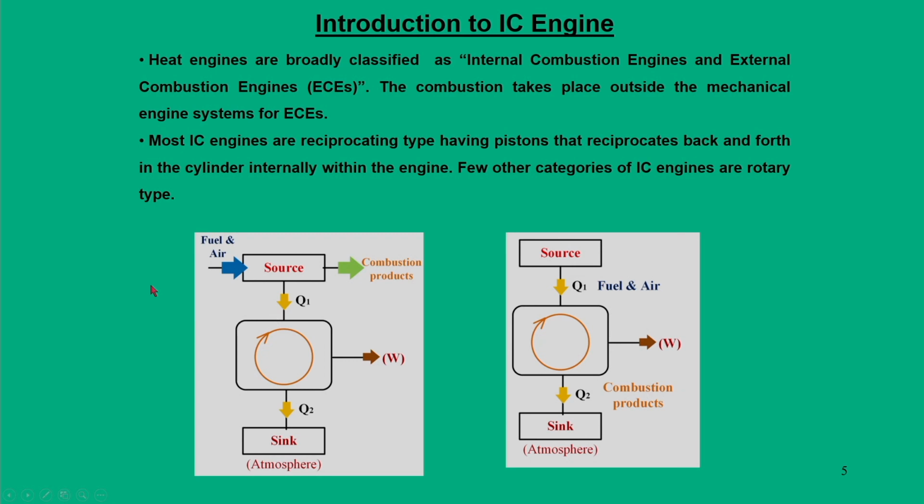So, for example, in this Carnot cycle, if you say this source is a location where we can burn the fuel and air through combustion, and this particular part we isolate from the rest of the components, then we can say that the combustion takes place outside the mechanical engineering components. So, these we call external combustion engines.